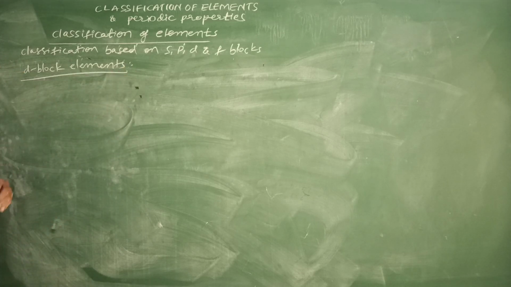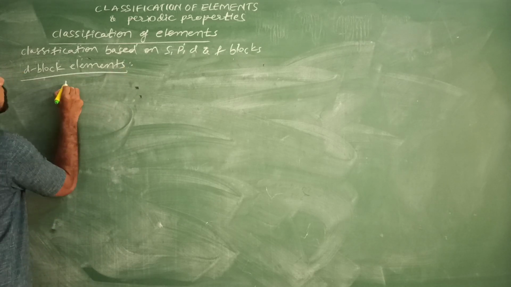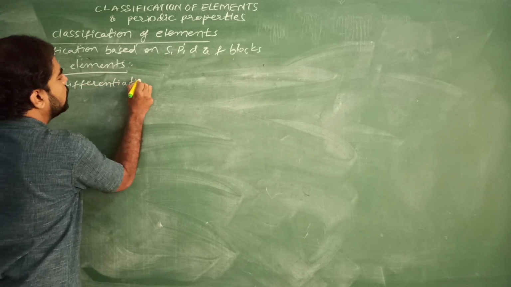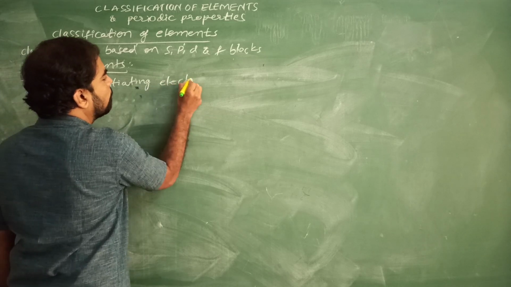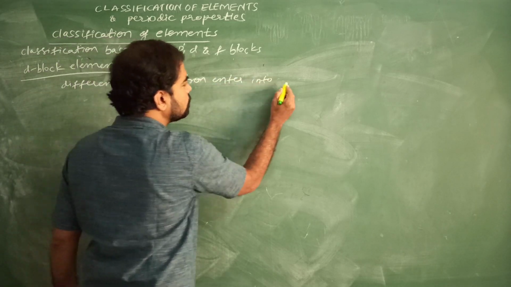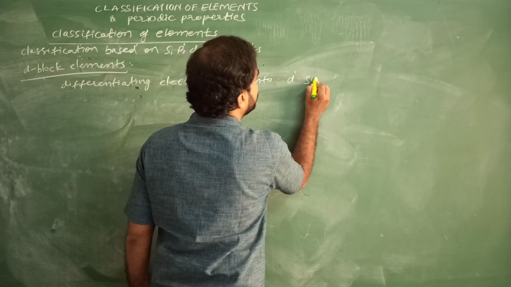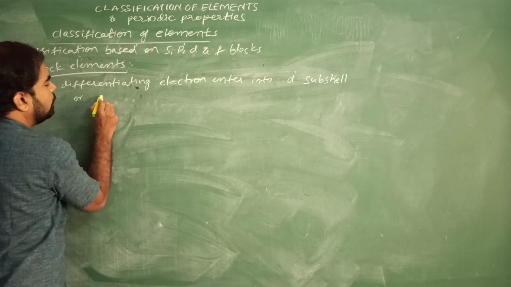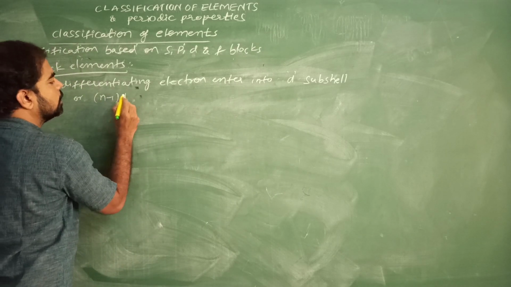Next, D block elements. The differentiating electron enters into the D subshell, or n-1 d.